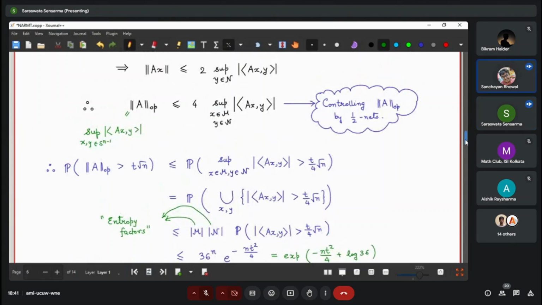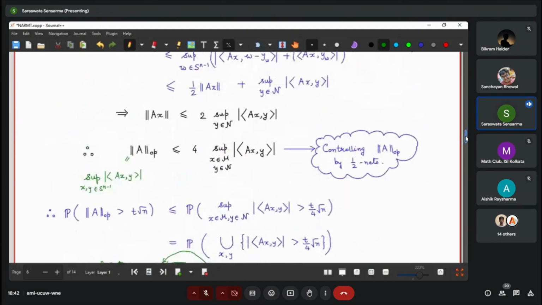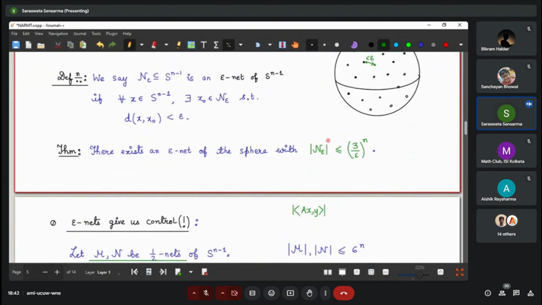Yeah. So in those M and N, those entropy factors, can you somehow optimize that constant? You want this 36 to be gone and something smaller? Actually, no. The thing is, I did not give an argument for why this is exactly true.